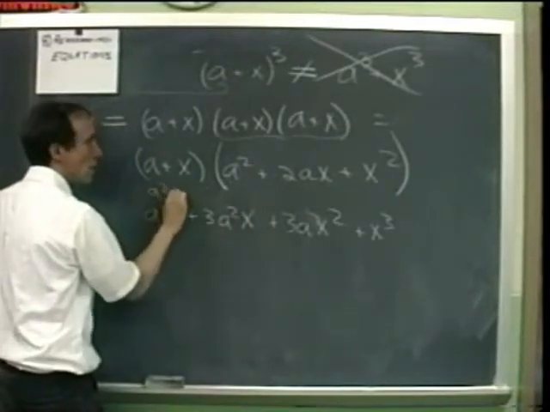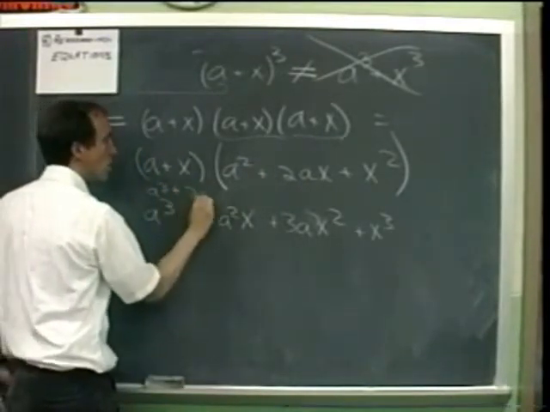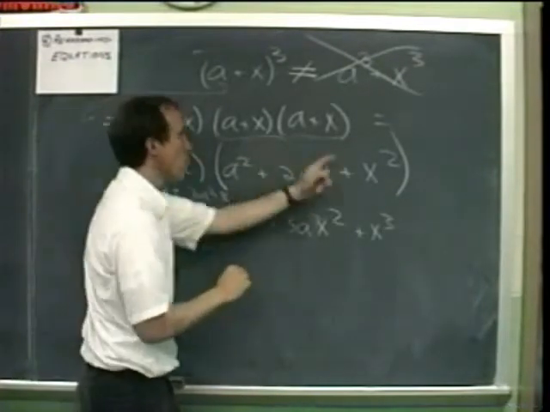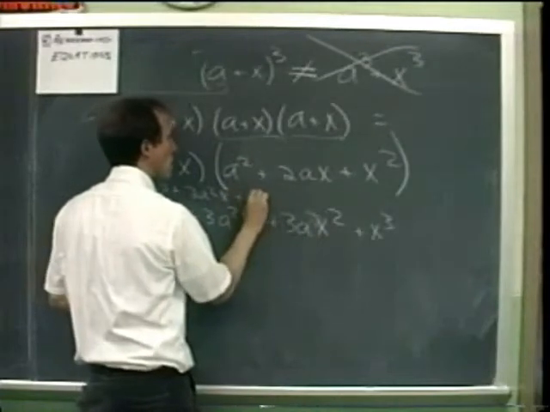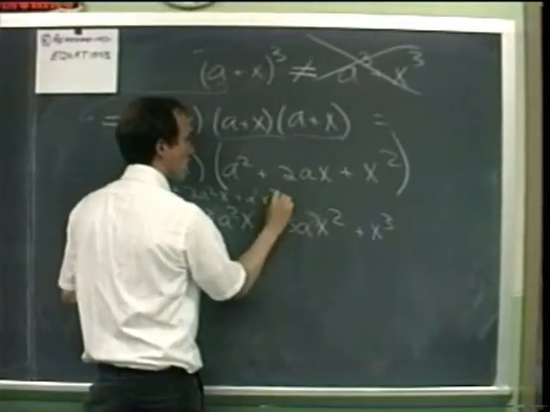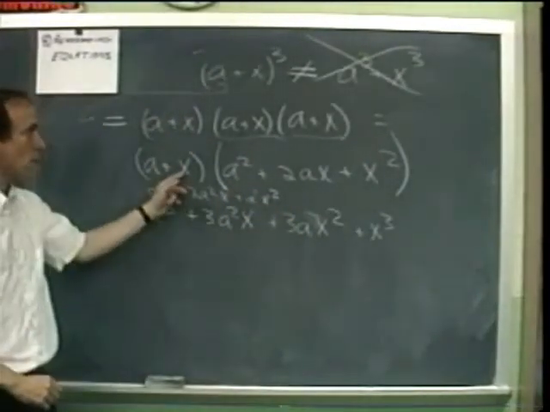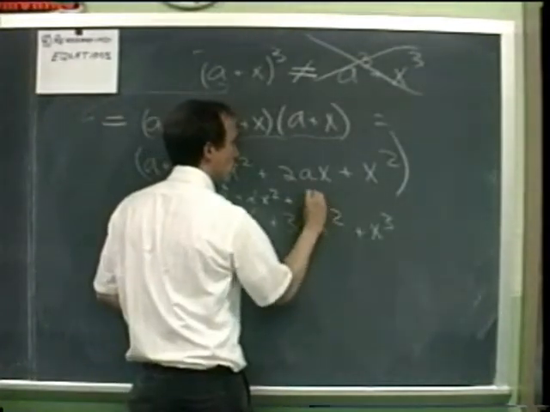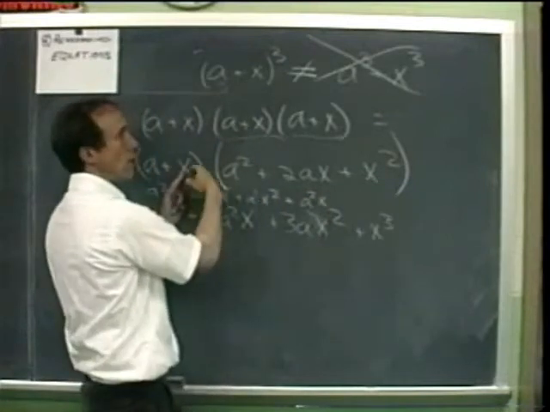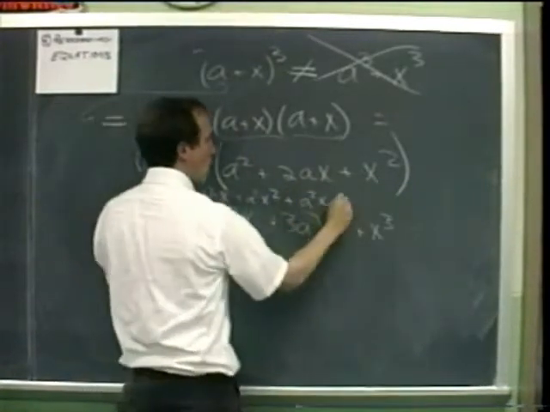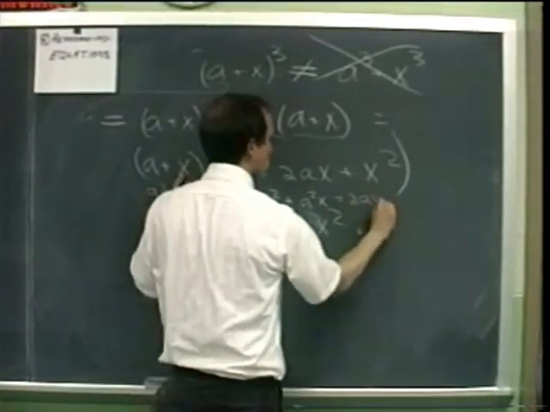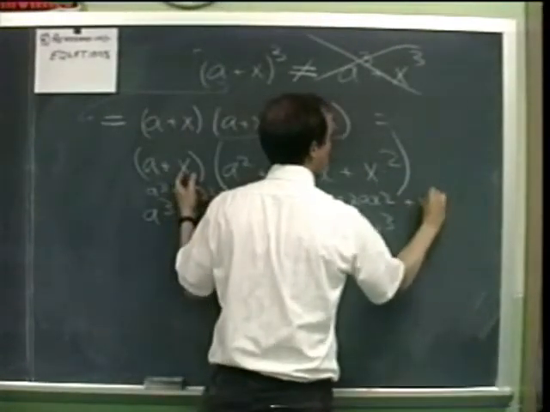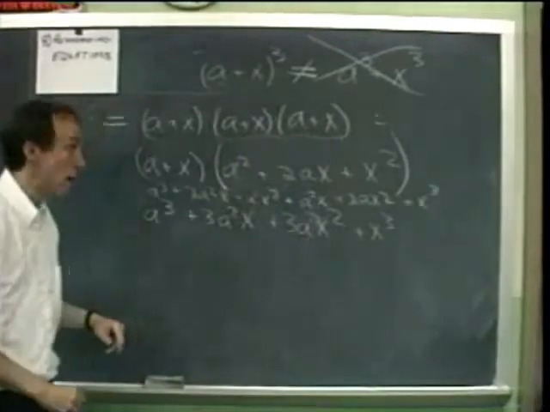A cubed plus 2a squared x. Take the first one times the third one now, plus ax squared. Okay, now move on to that second term, plus a squared x, plus 2ax squared, plus x cubed. And then in the next line, combine the terms.